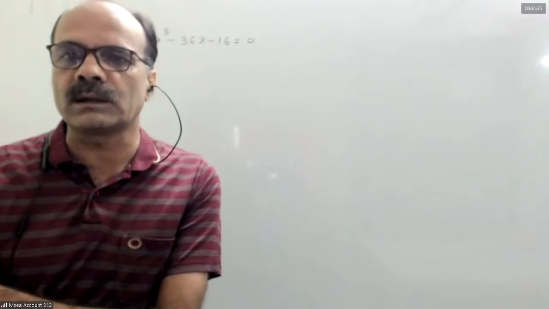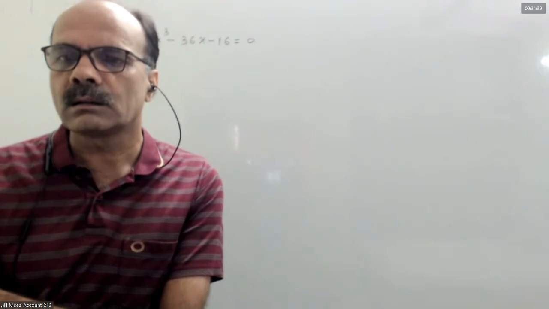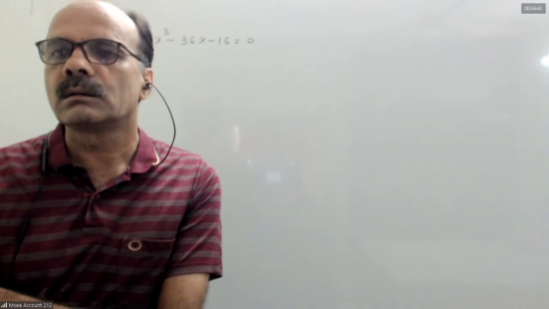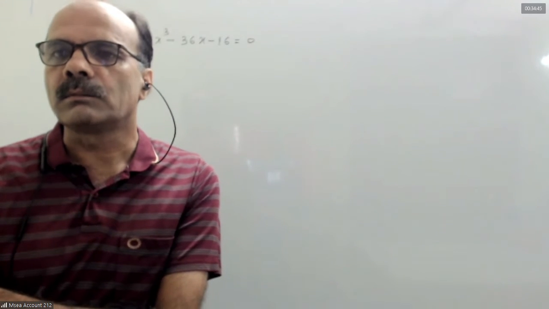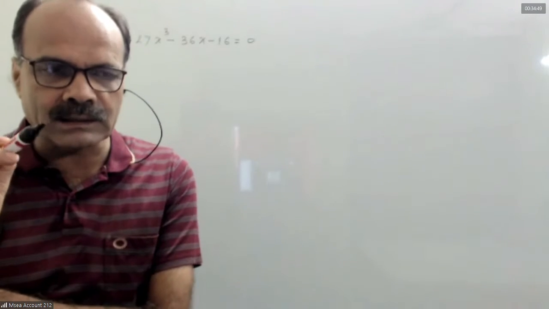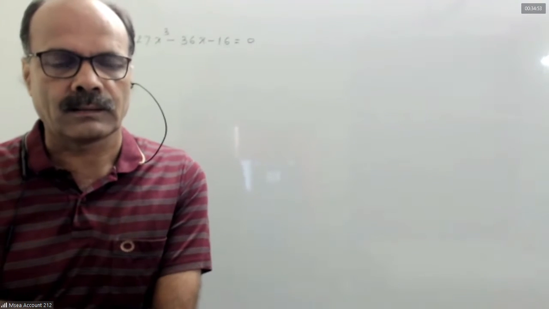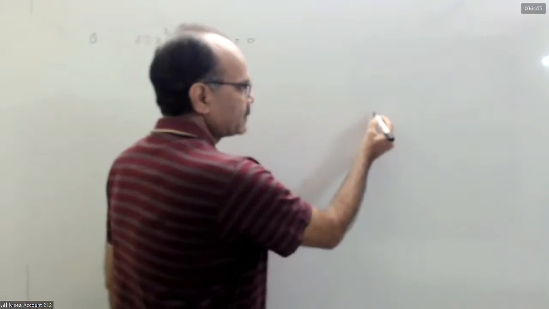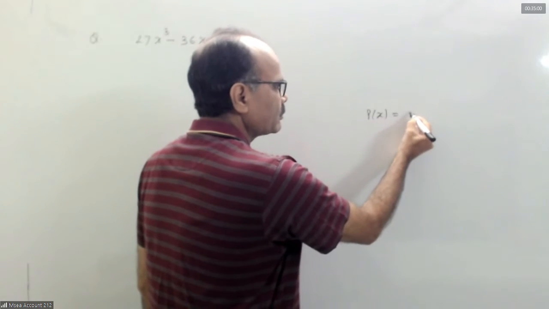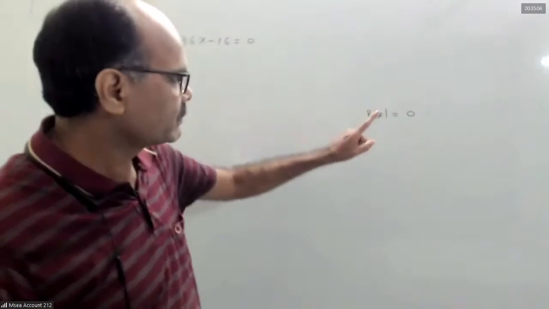Suppose alpha is a repeated root. We don't know beta. If alpha is a repeated root, then what can we say? See, suppose P(x). No need to remember any formula if you understand it from the basics.